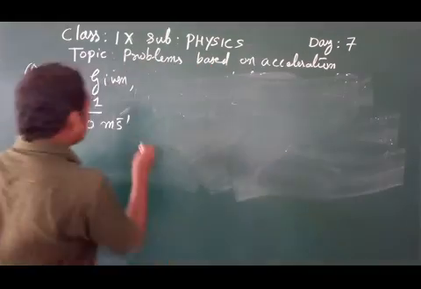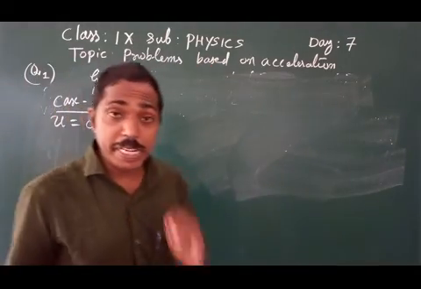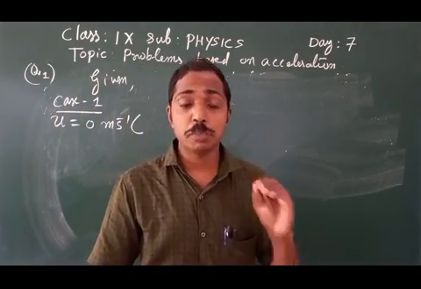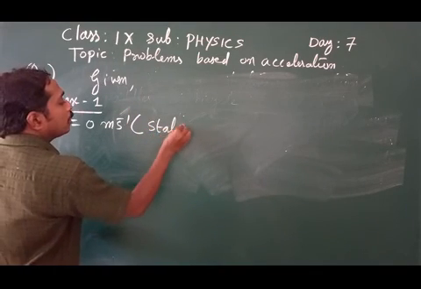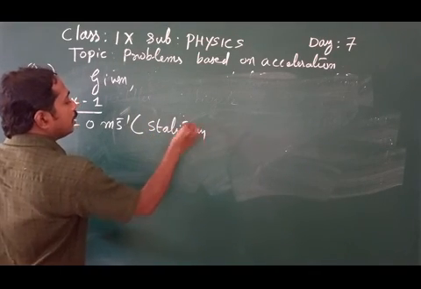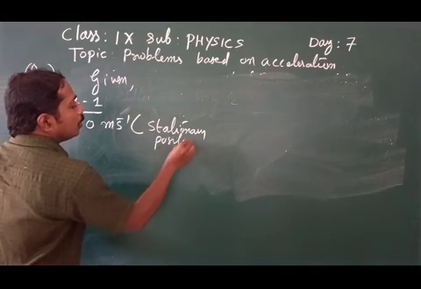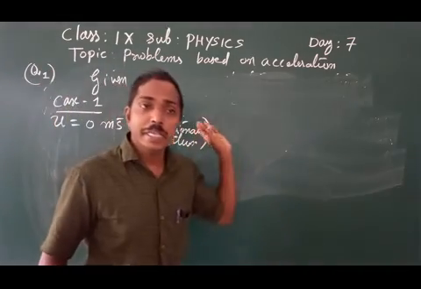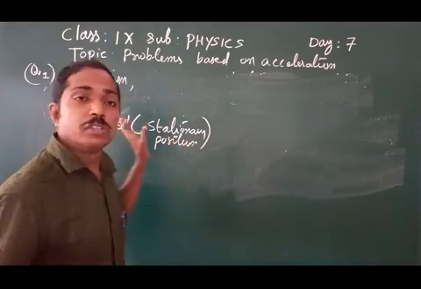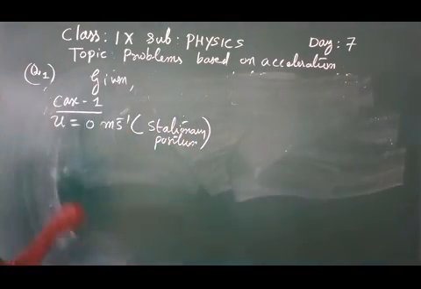Then why is it 0 meter per second? It is mentioned that the bicycle starts from rest, stationary position. So from a stationary position only it starts, so initial velocity is 0. Then what is the final velocity?